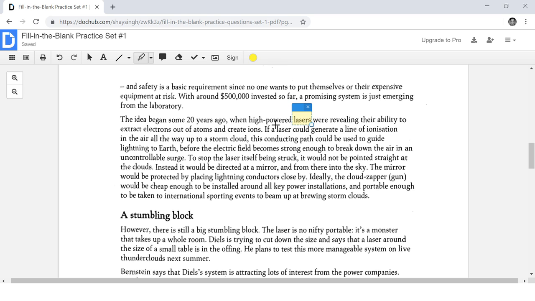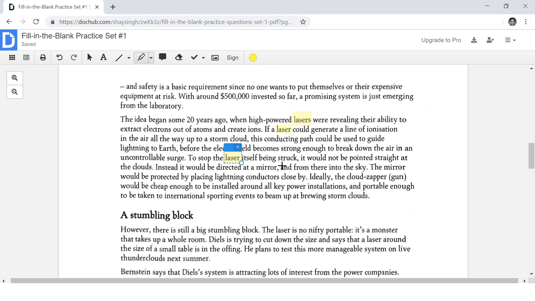And I see another keyword, laser, appearing over here. Anything else? That's about it. So one more laser over here. So it seems that this paragraph is about lasers.